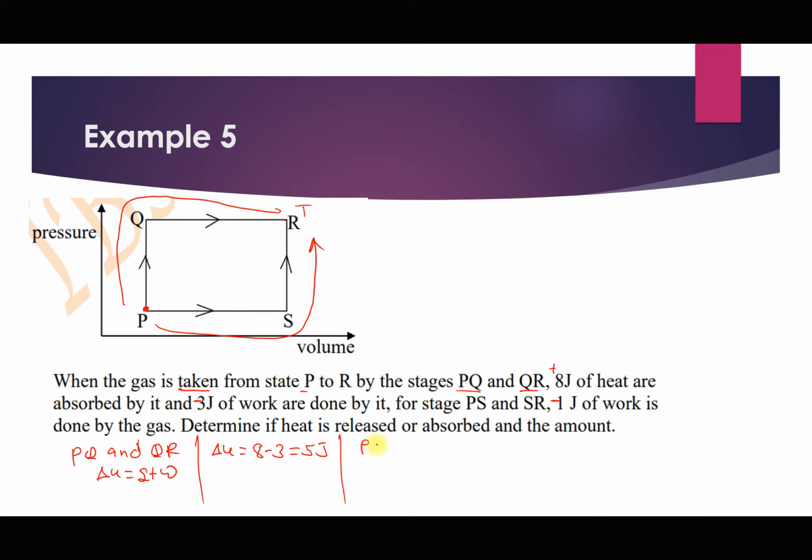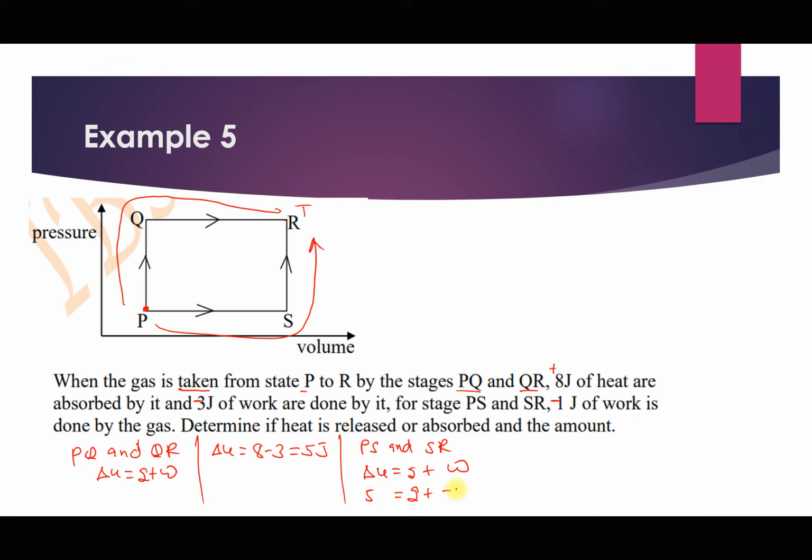So let's now follow PS and SR. Using the same equation, change in internal energy is equal to Q plus W. The change in internal energy is going to be 5 joules equals Q. So we want to find Q, so I'll leave Q here, plus W, which for stages PS and SR is minus 1 joule of work, because it is done by the gas.